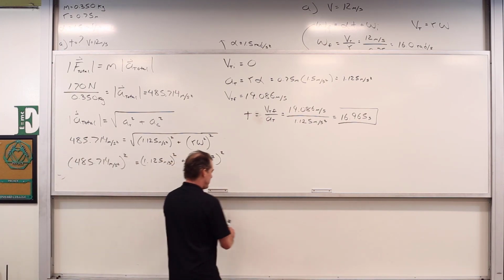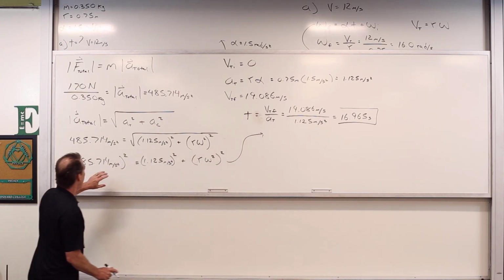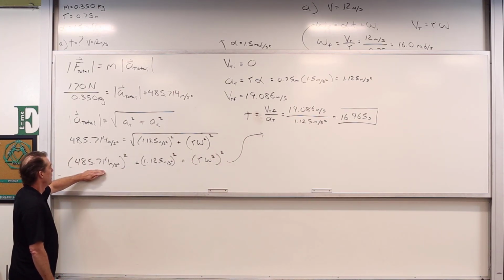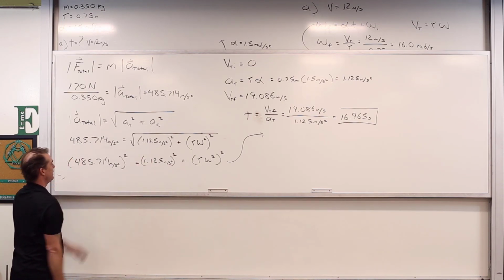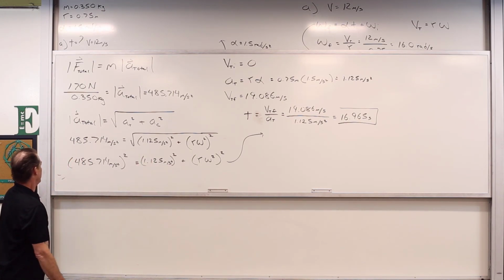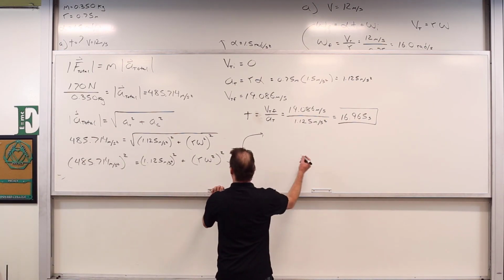I'm going to leave this up so we can do a little comparison. I'm going to take this value and this value, and we'll just subtract them. Let's do this. I'm going to rewrite things a little bit.